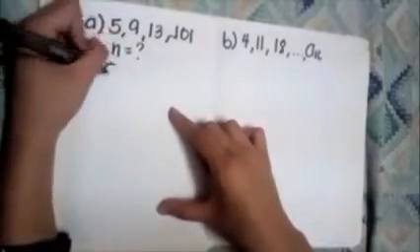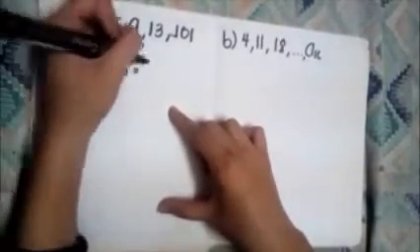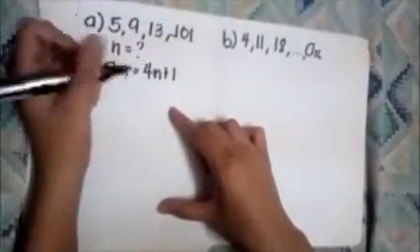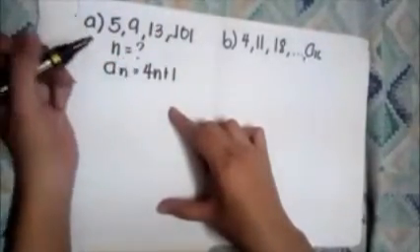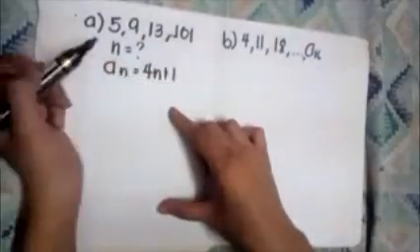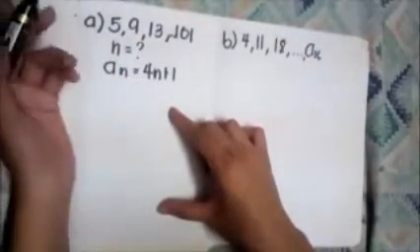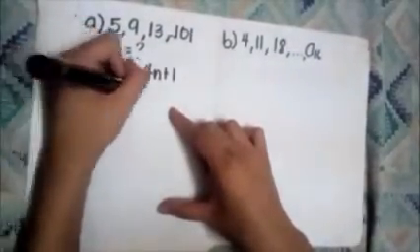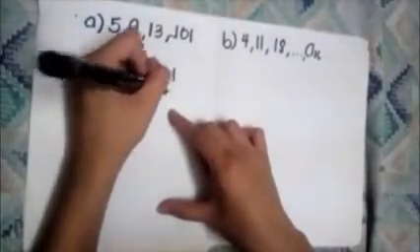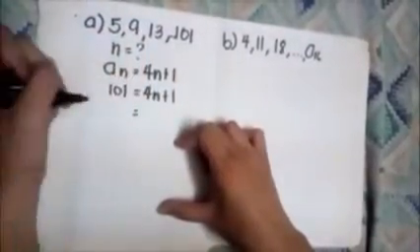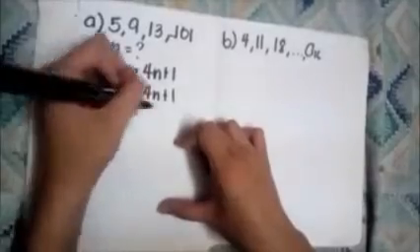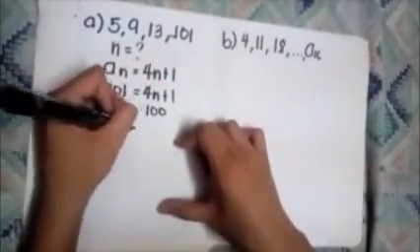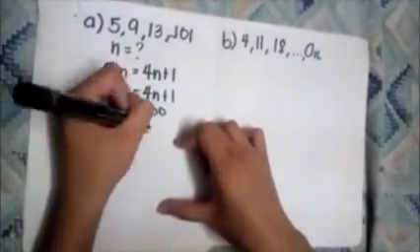We can use that: a sub n is equal to 4n plus 1, wherein 4 is the common difference and 1 is the a sub 0. So we have 101 is equal to 4n plus 1. So we have 4n equals 100. So n is equal to 25.